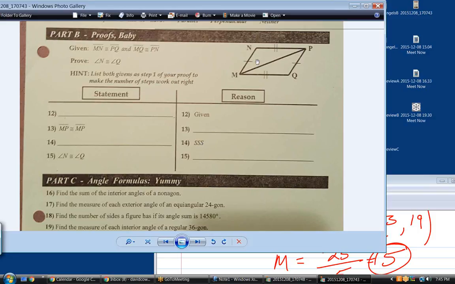And so now I'm able to say that this triangle is congruent to that triangle because I have 3 sides that are congruent. And finally, angle N is congruent to angle Q because... would it be CPCTC? Very good.